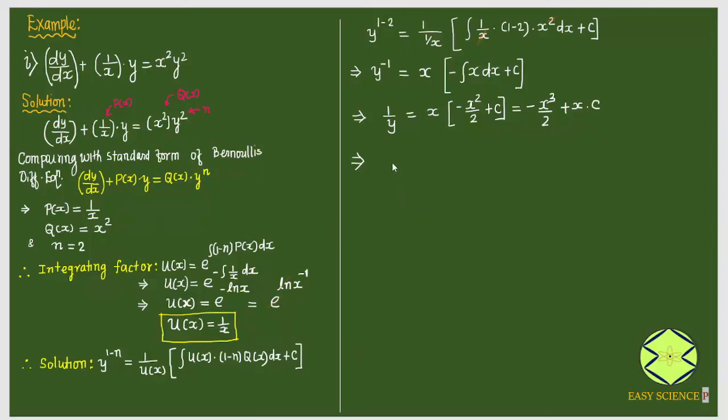So if you want the value of y, y would be 1 divided by x times c minus x cube by 2.